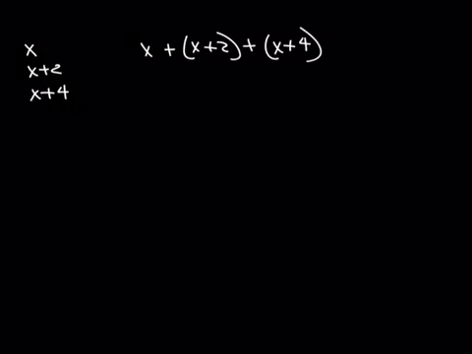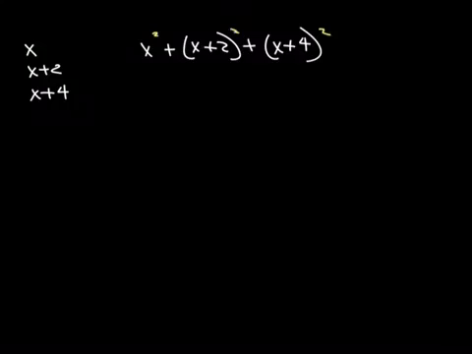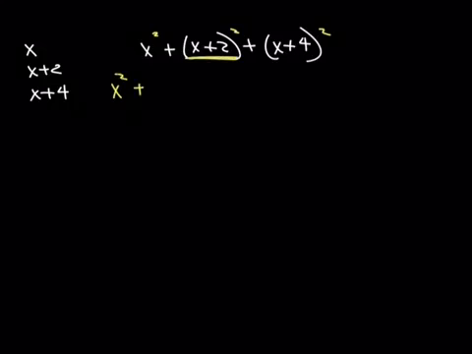Okay? But we're not only adding them, it says write this expression in symbols for the sum of the squares. So we're going to square each one of these. Alright, so x squared plus, if we're going to square that one right there, x squared plus 2, what are we going to do?